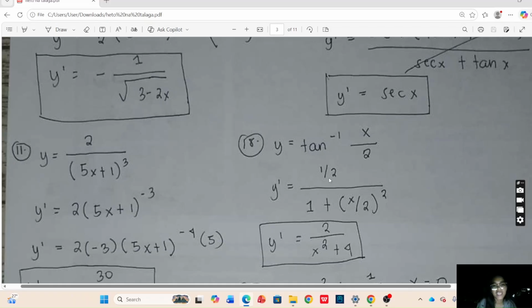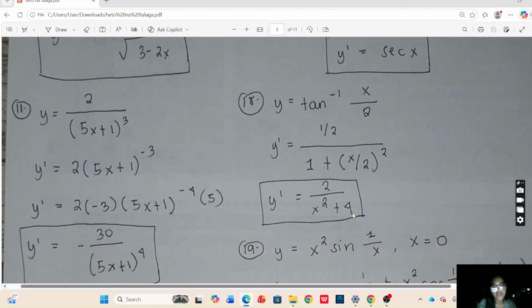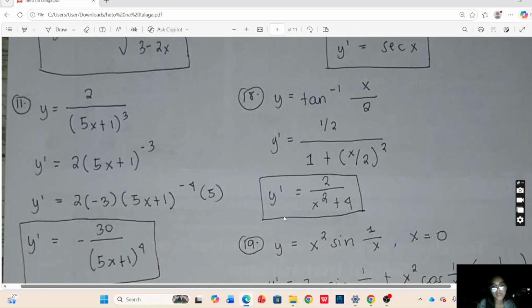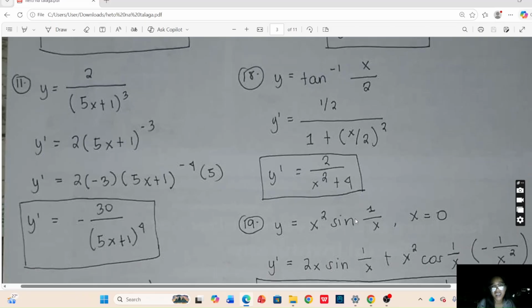So the derivative of the inverse tangent u is u prime divided by 1 plus u squared. So let u equal x divided by 2, then the derivative of u is 1 half. So substitute into the formula and simplify. So that's why our answer, that will be y prime is equal to 2 divided by x squared plus 4.